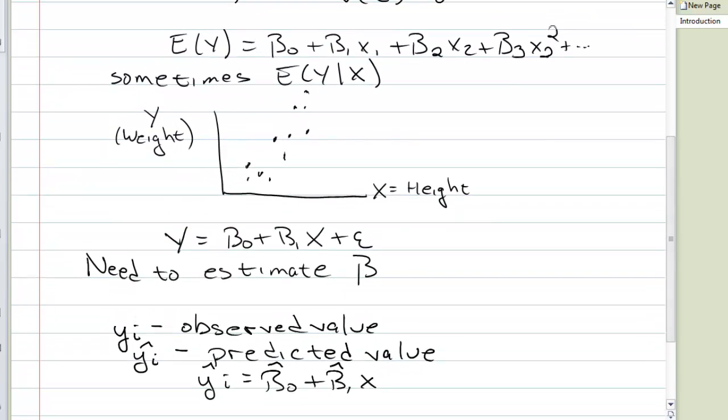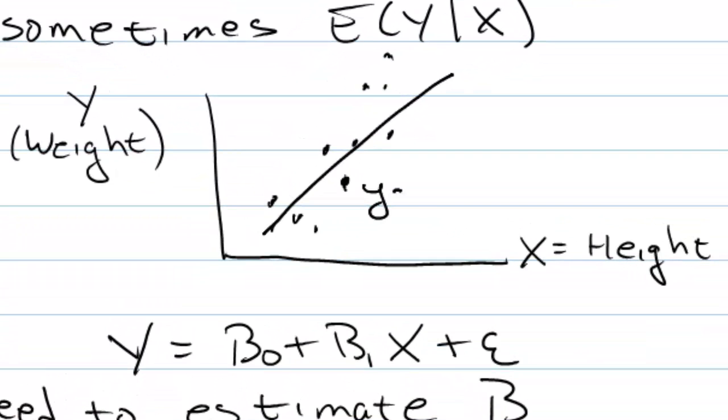So back up here in our equation, if we had a line going through here, for this particular point, let's say that's the 1, 2, 3, 4, 5th point, this would be y sub 5. And here, this on the line would be y sub 5 hat, the predicted value for that particular x value.